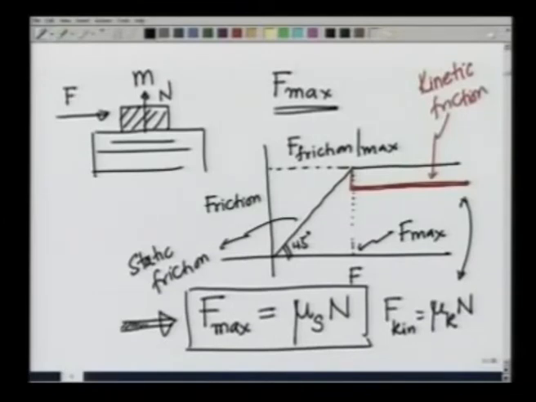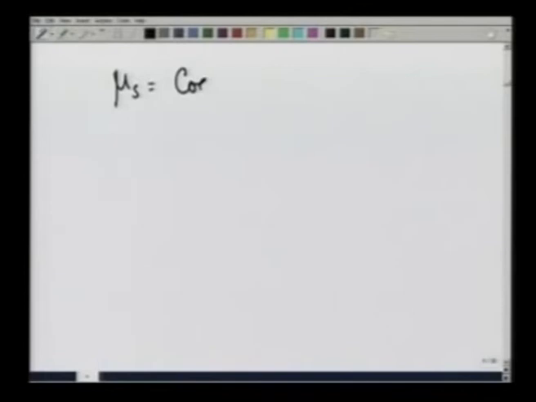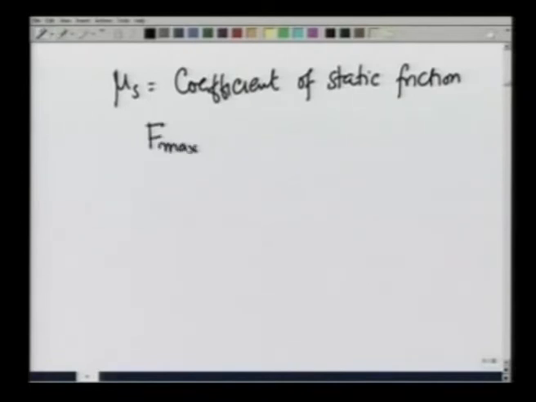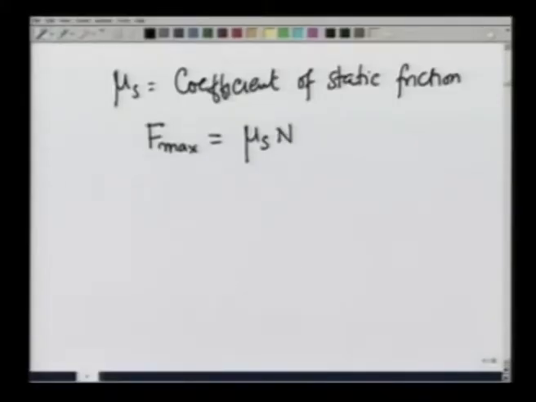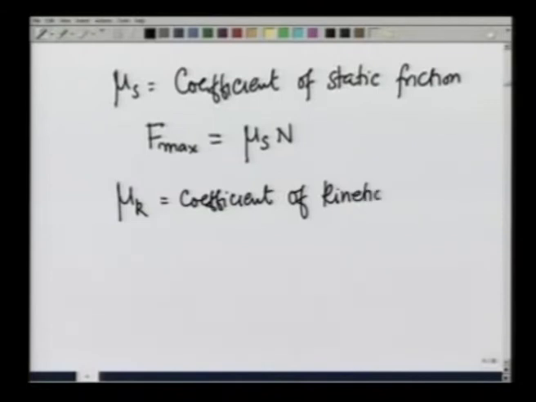Mu s is known as the coefficient of static friction, and F max, maximum value of friction or maximum force up to which the body will not move, is mu s times the normal reaction on the body, and mu k, which is coefficient of kinetic friction.